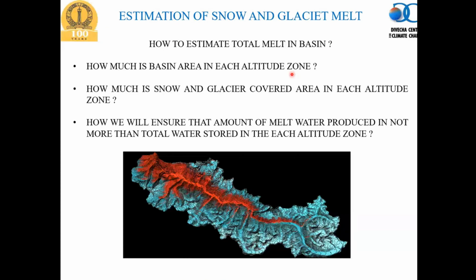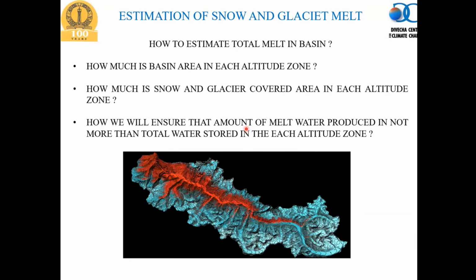First, you need to take the digital elevation model, put it on the basin area, then have a layer of snow cover on it, and ensure that you estimate the geographical area at each altitude.